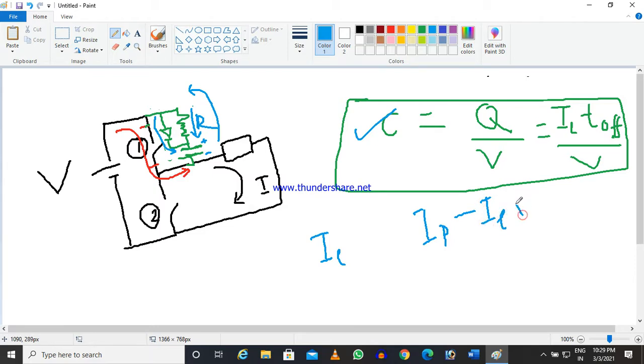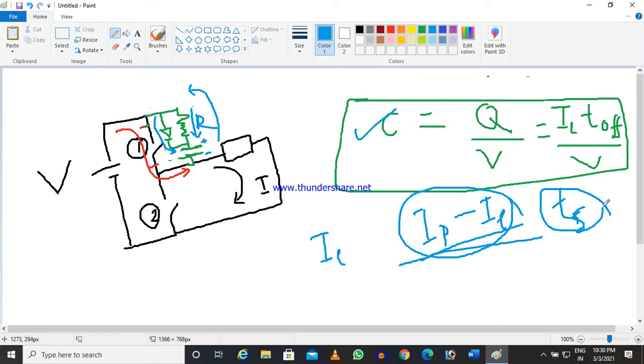Through this current the capacitor should get discharged within the time, say the short rating is TS. So with this value of current, the capacitor should get discharged within Ts time.